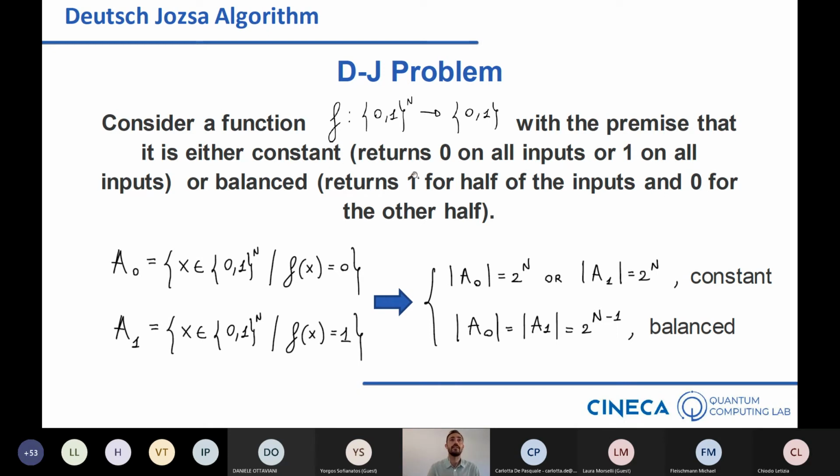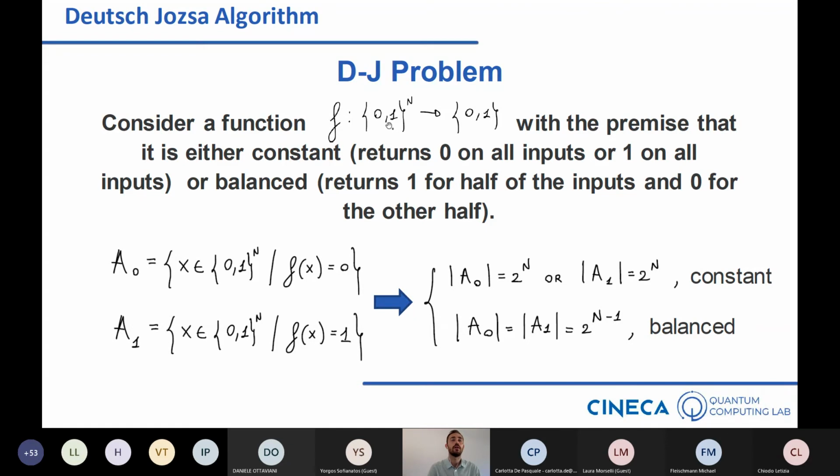A function is constant if it returns 0 or 1 for every input. Whatever bit string of n elements you give in input to f, you always get the same result, always 0 or always 1. Balanced is a function that returns 1 for half of the inputs and 0 for the other half.